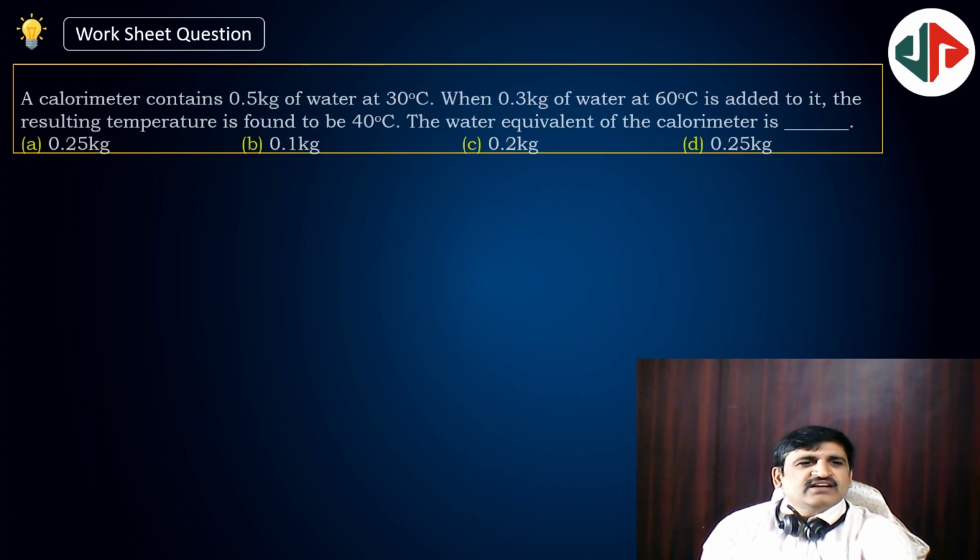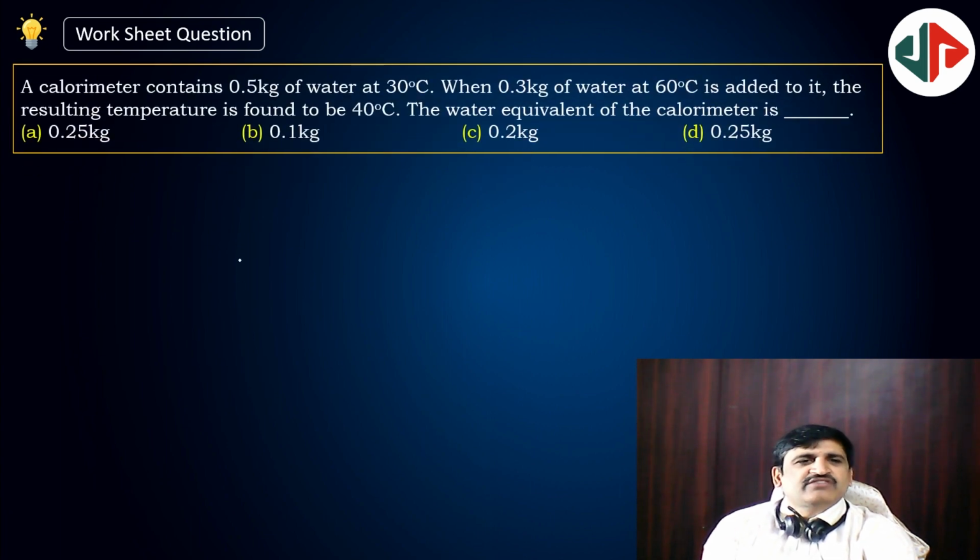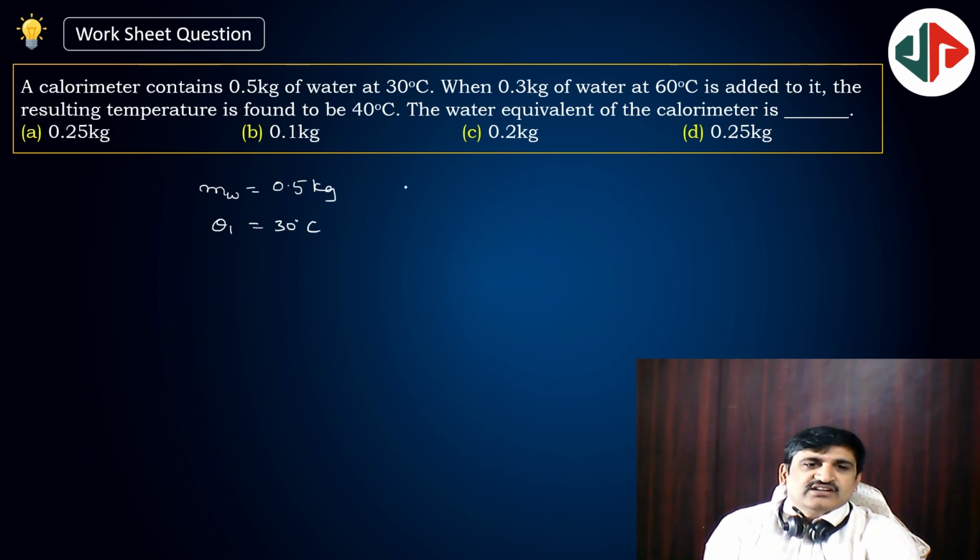Next, a calorimeter contains 0.5 kg of water, mass of water M1 equal to 0.5 kg at temperature theta 1 equal to 30 degrees Celsius. When 0.3 kg of water, M2, at theta 2 equal to 60 degrees Celsius is added to it, the resulting temperature is 40 degrees Celsius.